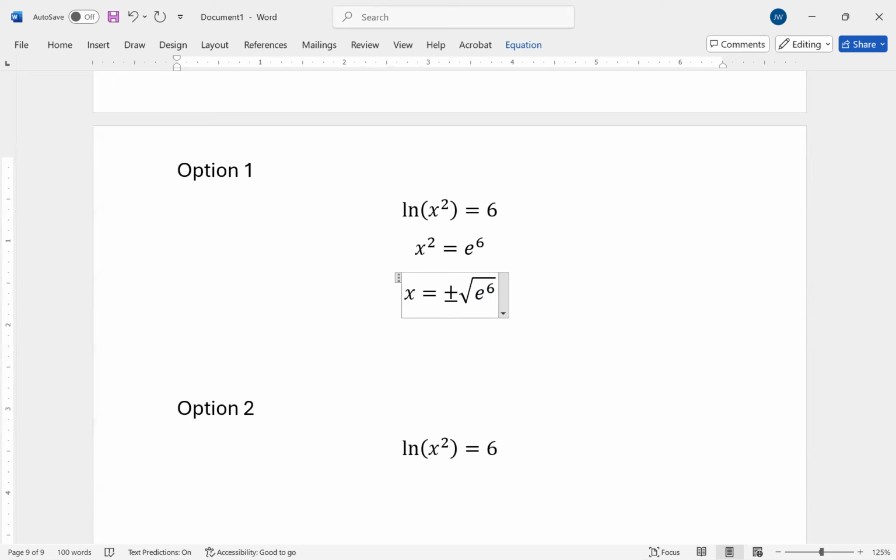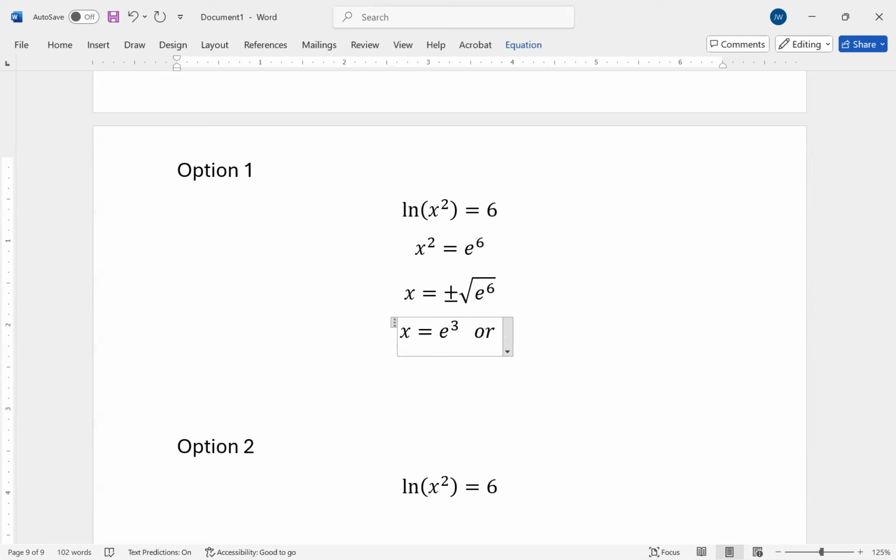So I get x equaling e to the 3rd power, or x equaling negative e to the 3rd power. Okay, that would be the option number 1.